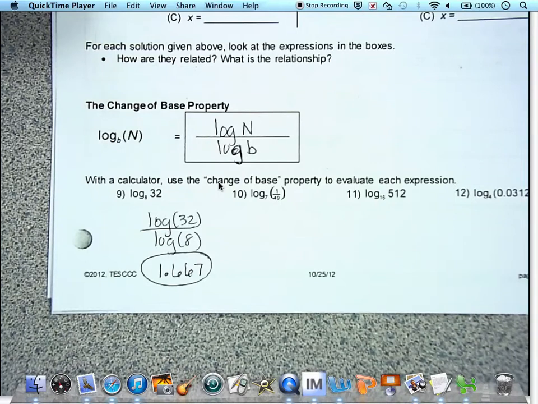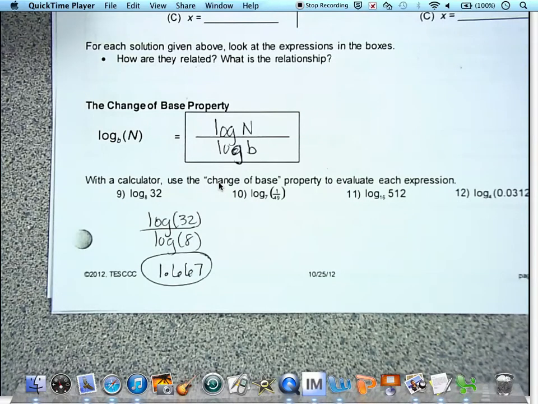It makes a big difference. 2.25. Yes, that's right. I'm loving this.